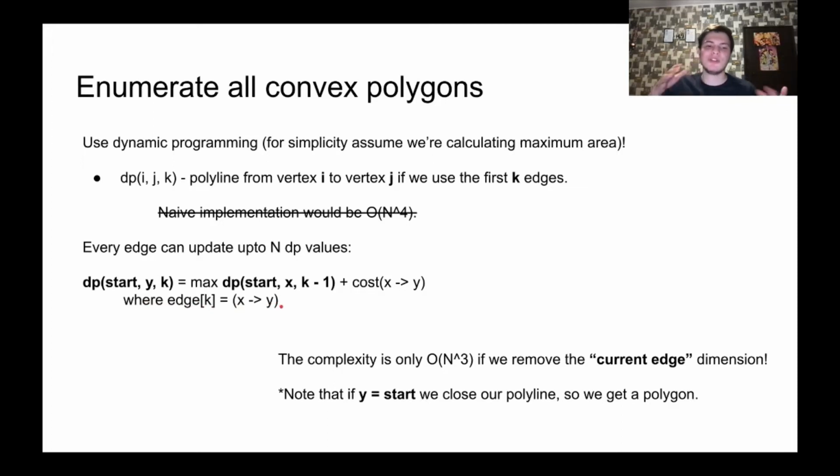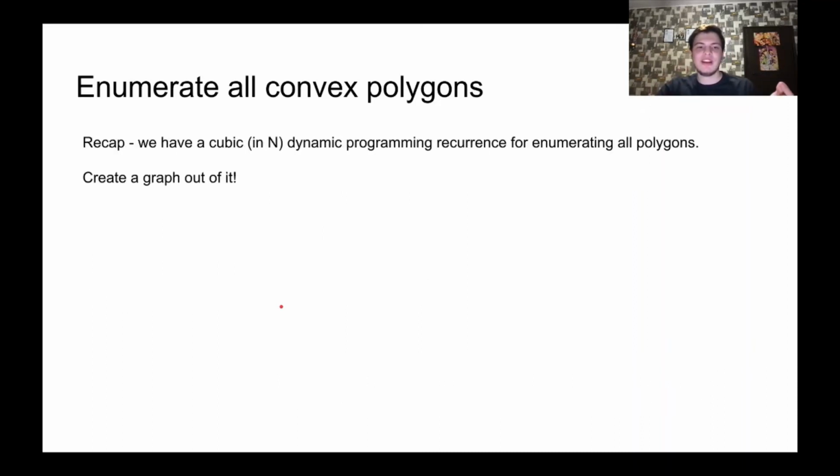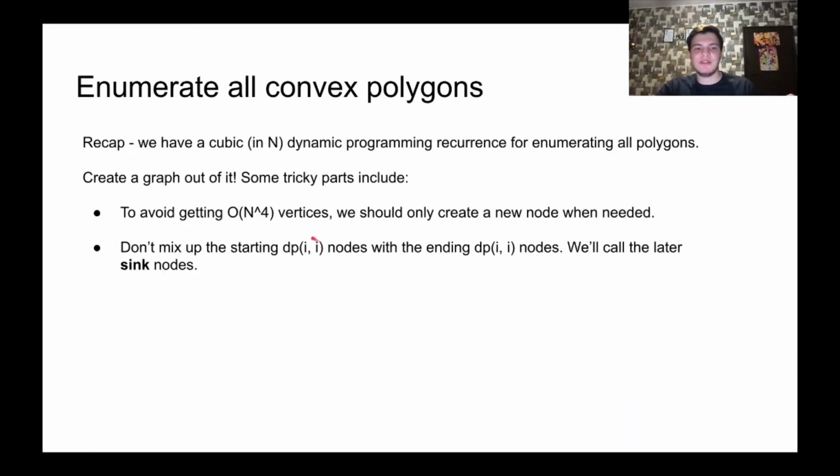We basically just want to stop the DP. So that's why we create separate vertices for the starting DP node and the ending DP node. We are going to call the later ones sink nodes because in some sense this is our ending, and we are going to call the starting ones source nodes.